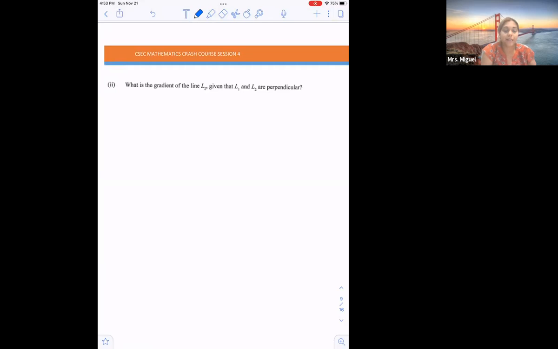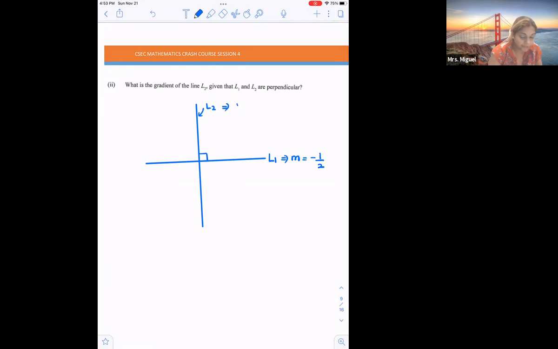State the gradient of L2 given they are perpendicular. So if this is L1 and it has a gradient of -1/2, to find the gradient of L2, if it is perpendicular, the gradient is the negative reciprocal of L1.